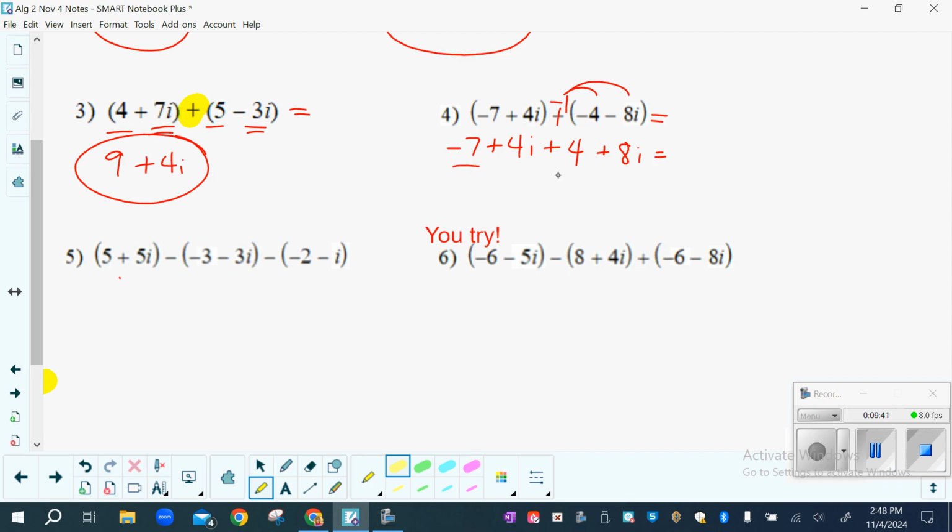Now we're going to add our like terms. What would this add up to when we add our like terms? Good. So negative 3 plus 12i. So these would be our like terms on this one. Does that make sense?